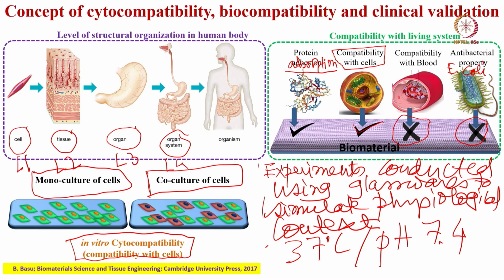Then you compare, for example, the same cells grown on a cell culture flask: what is the growth kinetics of these cells, like at different points of time how the cell number increases, and with respect to that, if you grow on a particular synthetic material substrate, what is the growth pattern of the cells. Then you compare between these two, and you say, okay, this particular material can support the cell growth, cell proliferation. So, it is a sign of a good cytocompatibility of the material.